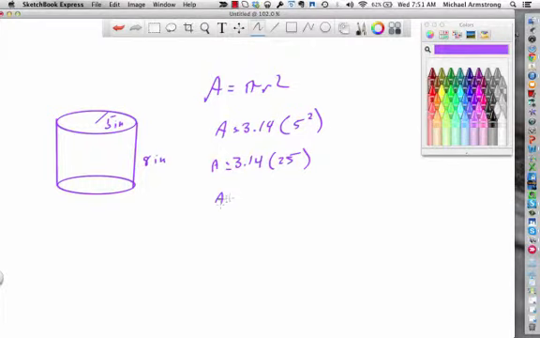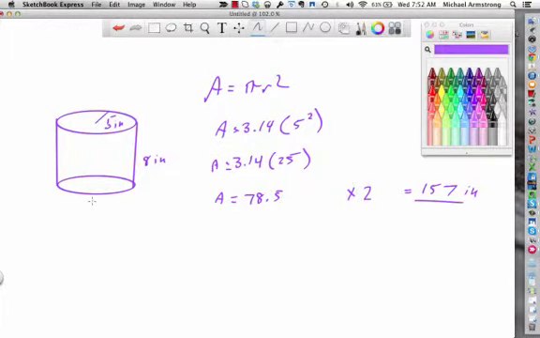And then you have to remember that there's 2 of those. Times 2. So 78.5 times 2 is 157. Now that's just for the top and the bottom.